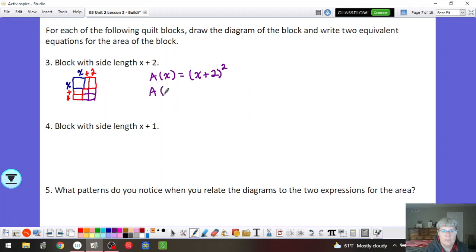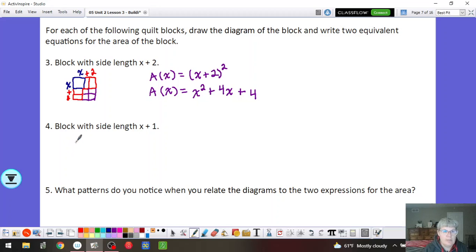If we do it in terms of area of each piece, we have the x squared for the main square, plus we have 1, 2, 3, 4 areas of x for 4x, plus we have a total of 4 unit squares. These 2 equations are equivalent. One is in terms of the side length, and one is in terms of the area of each region.